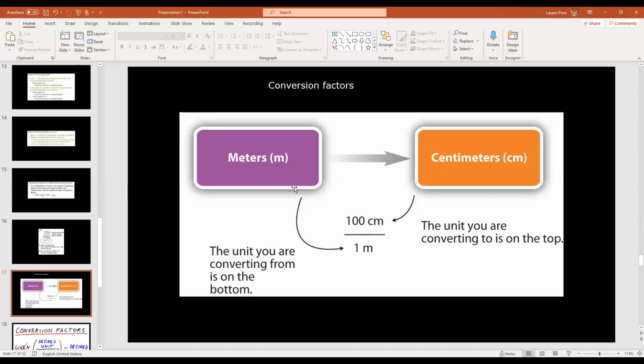The conversion factor will always have the unit from where you are converting at the bottom, and the unit that you are converting to on the top. For example, 1 meter is 100 centimeters, and you're going from meter to centimeter. This is a conversion factor.